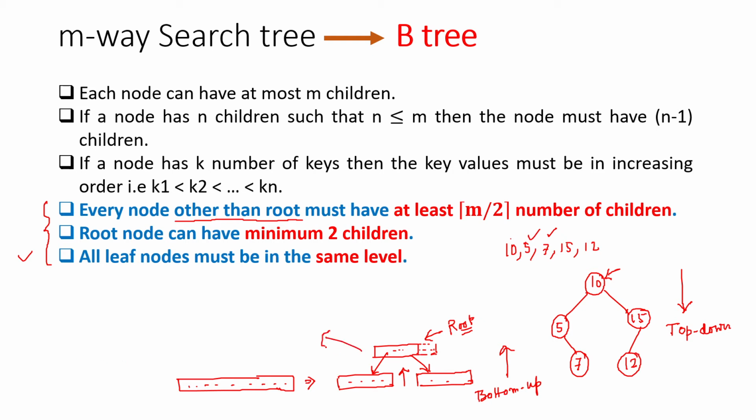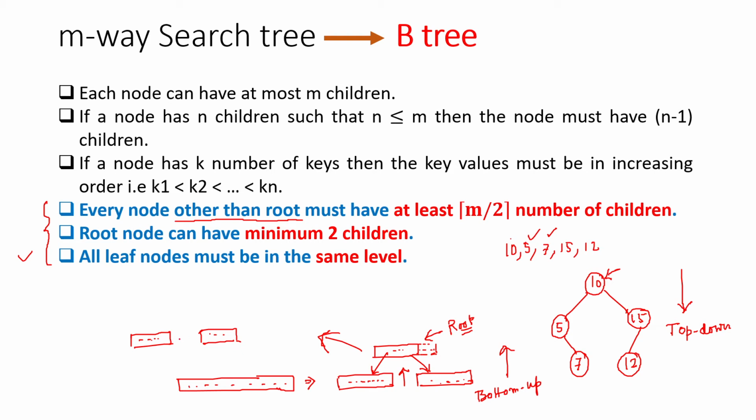We have this node, with some data present, and we have this node, and this has crossed the limit. So what will happen? This will be divided again into two parts. But before that, it has to break down.